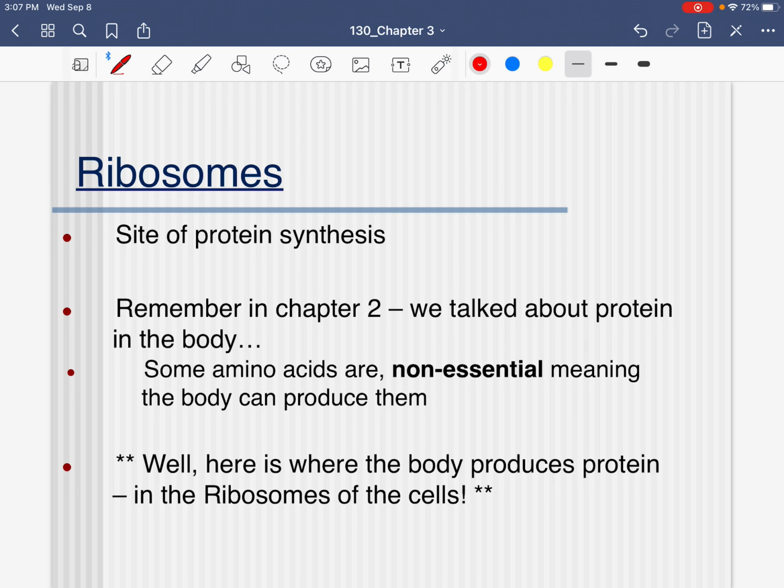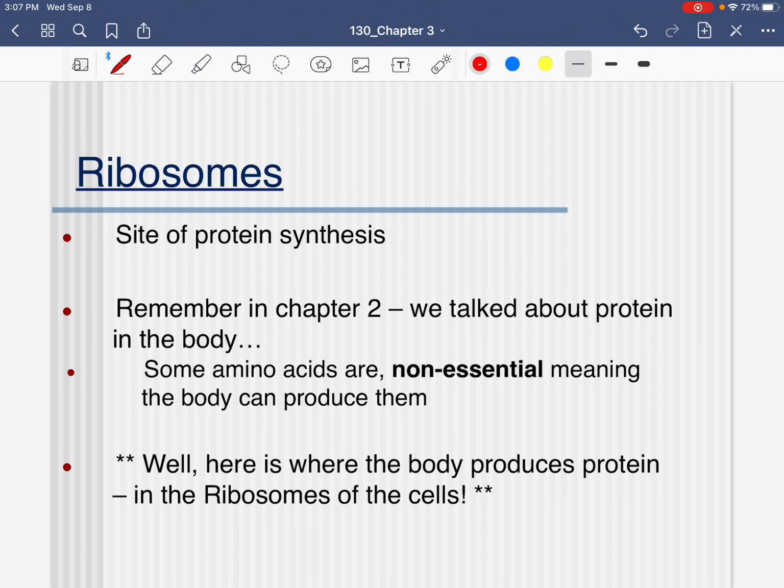Now, this is just to go back to chapter 2. Do you remember in chapter 2 we talked about the organic compounds, carbohydrates, fat, and protein? And remember, protein, we didn't need as much through our diet. I think I mentioned that. If not, it's true. But I know I mentioned we have 20 amino acids, the building blocks of protein. Some of them our body's able to make, which are called non-essential.